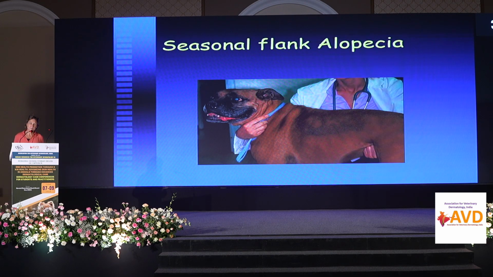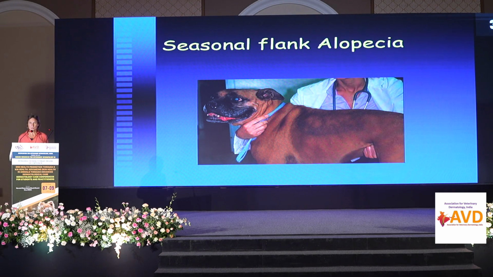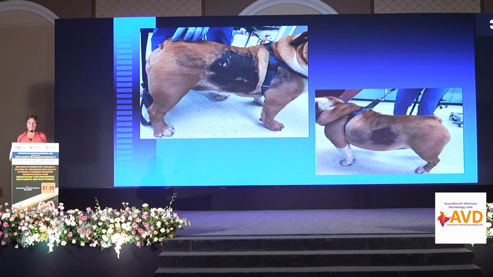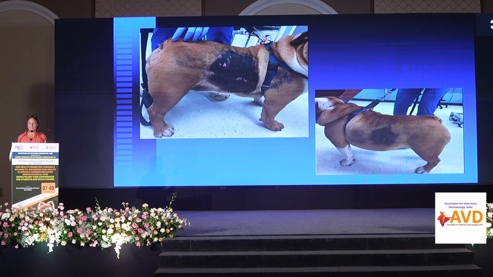Another possibility is seasonal flank alopecia, which is not really under the umbrella of endocrine diseases. But there are some breeds of dogs like boxers and bulldogs that develop this, many times symmetric, alopecia on the flanks with hyperpigmentation.